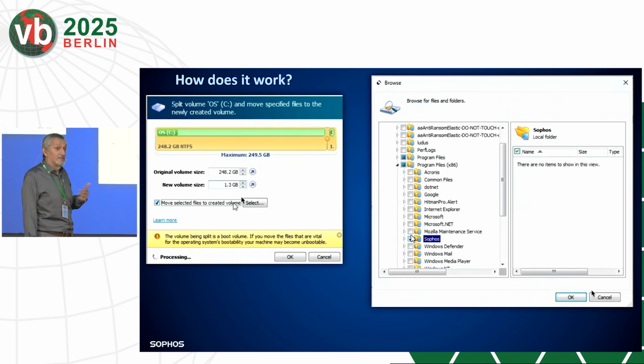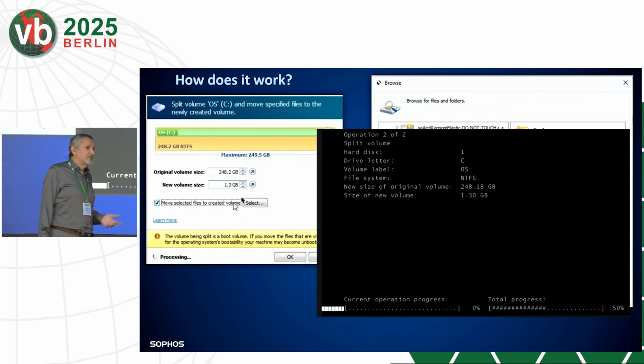So they chose our product directories, which contained components of our protection and also the virus database. After that, the system is rebooted.